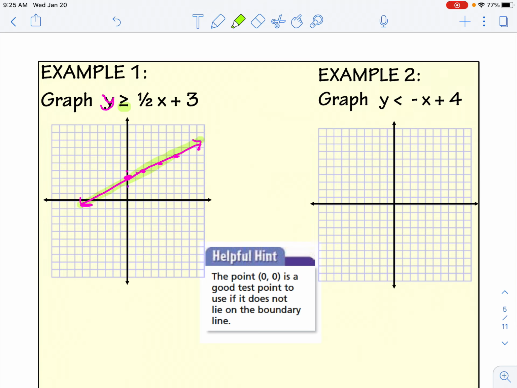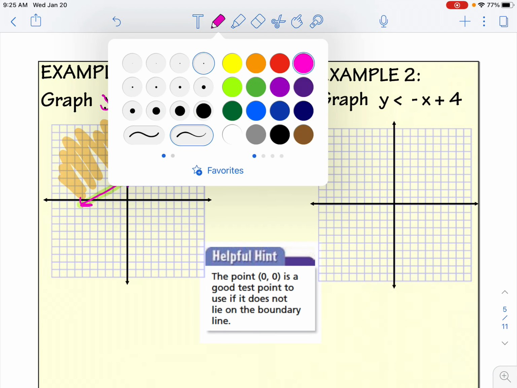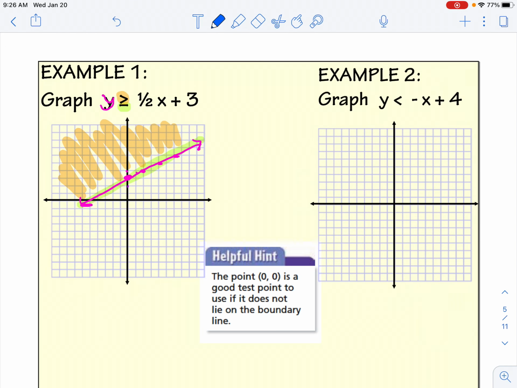Okay, then the last thing I do is I am going to shade above or below. Well, because it is greater than, I am shading above that line. So now what I'm going to do is check a point and make sure that I've shaded the right plane. So I'll pick a point, and I try to pick a point that has 0 as one of the ordered pairs. I personally like to pick a point that is part of the shaded region so I can make sure it is true.